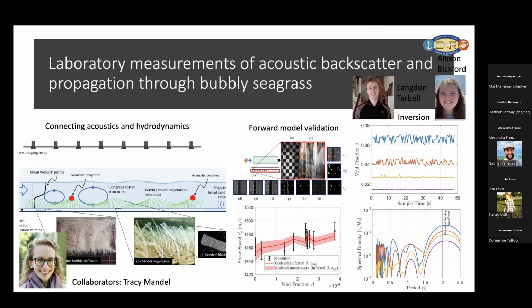Langdon just defended last week. Here's some of his results. We're taking a physics-based bubbly acoustics model and inverting for void fraction of air in these seagrasses that have been seeded with bubbles in the lab. You can see the changes in these void fractions as the seagrasses expand and contract.